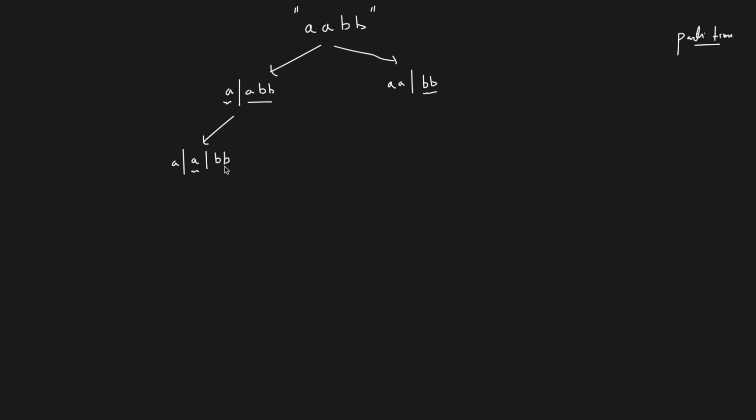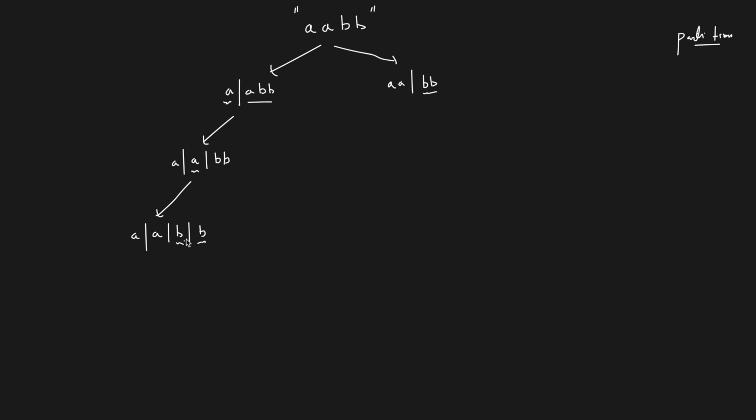Now my question to you is, where can you do a partition? Can you do a partition here? Yes, you can do it. So if you do a partition there, what you get is A, and right after that you do a partition here. So this substring in itself is a palindromic substring. After that, you are left out with the substring B. For that, you again call a recursion, remember.